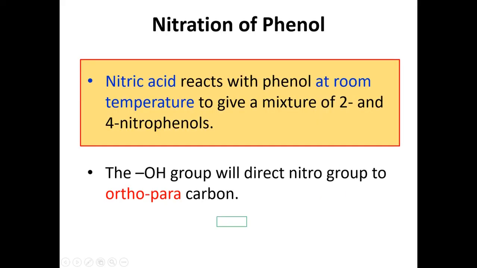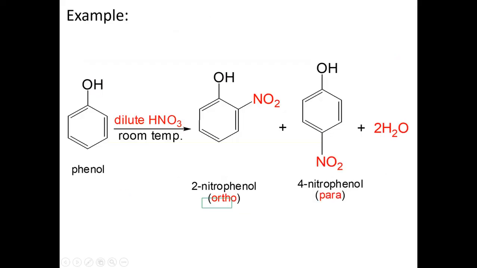Nitration of phenol. Nitric acid reacts with phenol at room temperature to give a mixture of 2- and 4-nitrophenol. The OH group will direct the nitro group to the ortho and para carbons. Okay, it will locate the nitro group at carbon number 2 and carbon number 4.